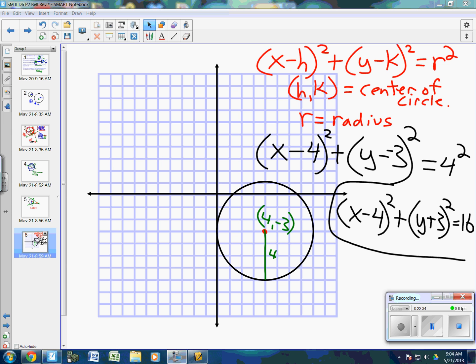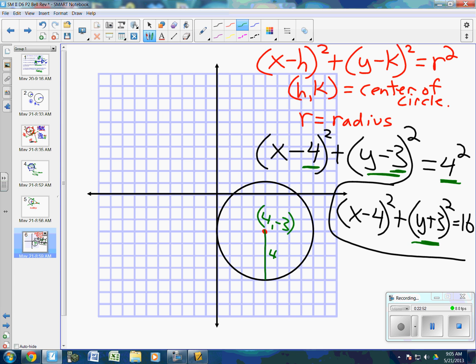One more time, we plug these numbers in right here: 4 for h, negative 3 for k, and 4 for r. And then we rewrote y minus a negative 3 as y plus 3, and 4 squared as 16. And this is our answer right here. Any questions? How many of you think you can do that?